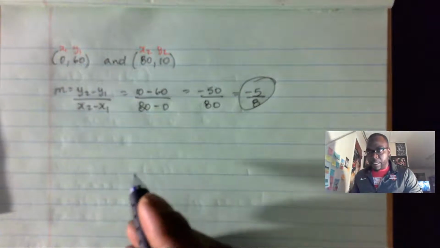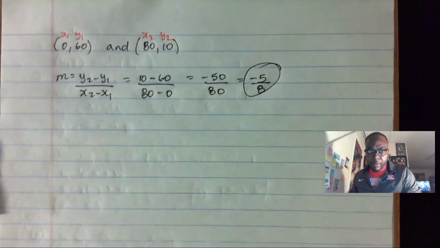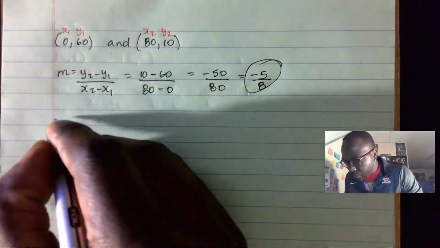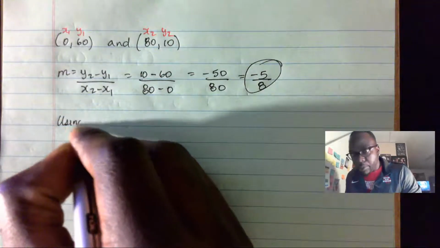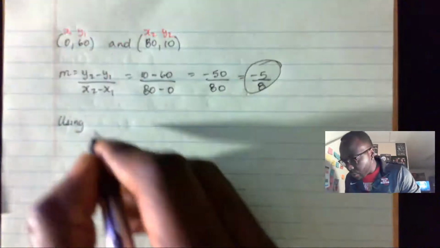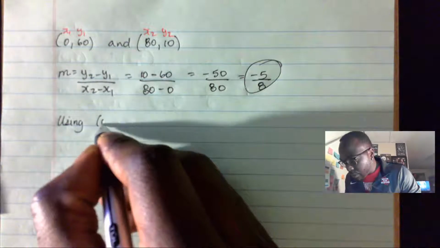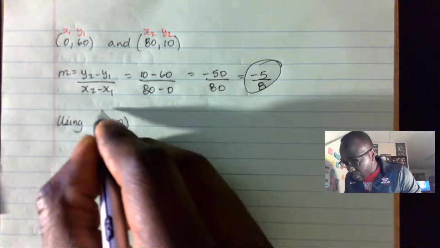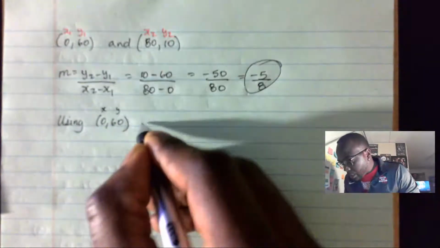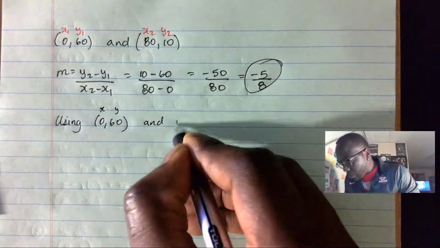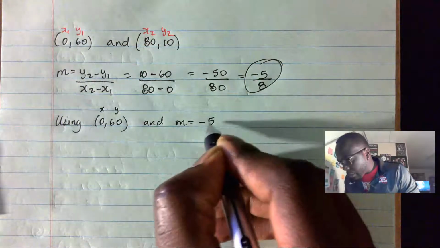Now I need to find my y-intercept. And again, you can pick any point you want to use. I'm going to pick the first one, using 0, 60. And remember, this becomes x and y. And my slope, which is m, is equal to negative 5 over 8.